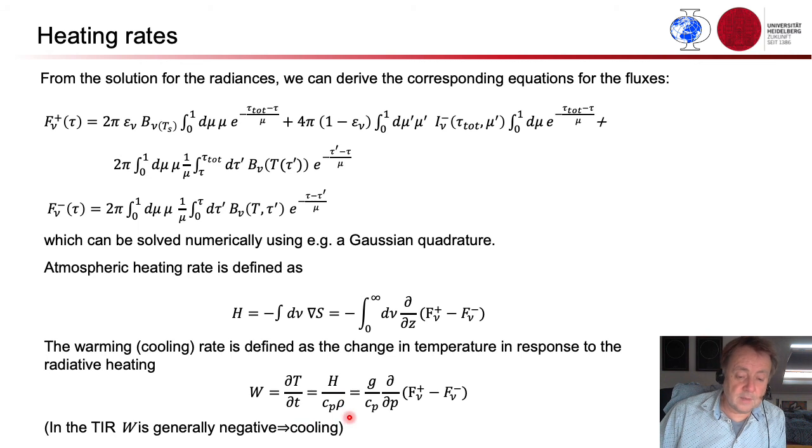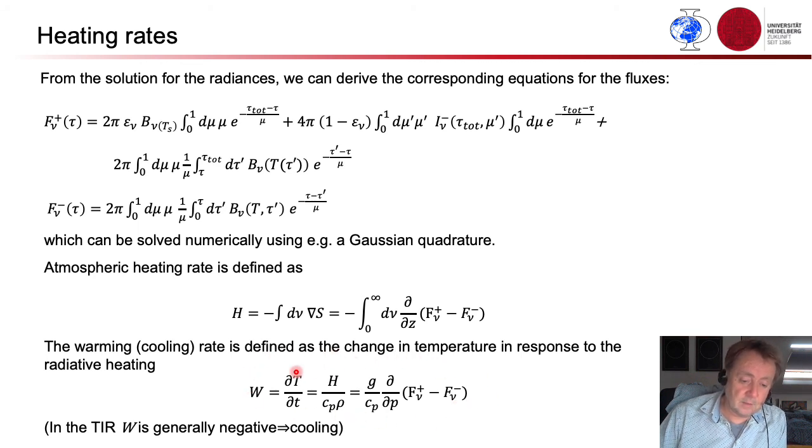You can express that using the upper equation as a derivative with respect to pressure. Then you have here the gravitational constant divided by the heat capacity, the derivative with respect to pressure. And what we did here is actually that we have used the barometric equation, and again here the difference in the fluxes.